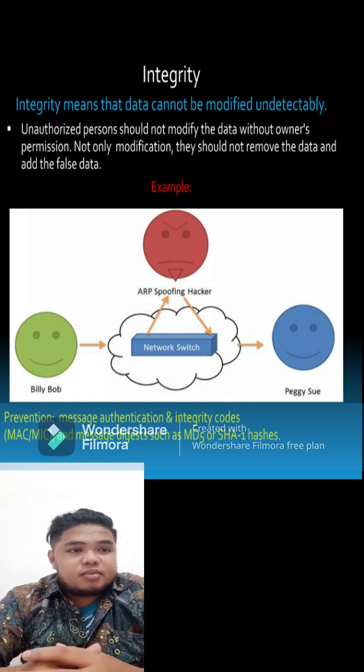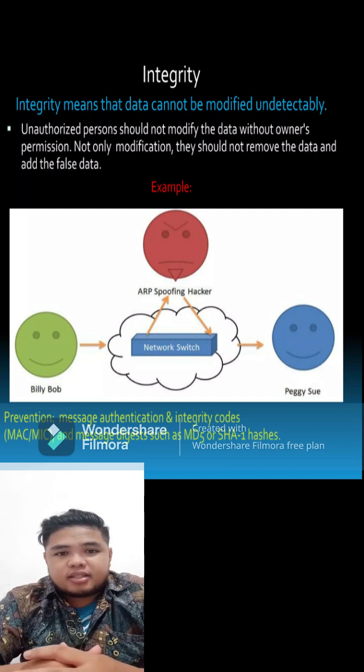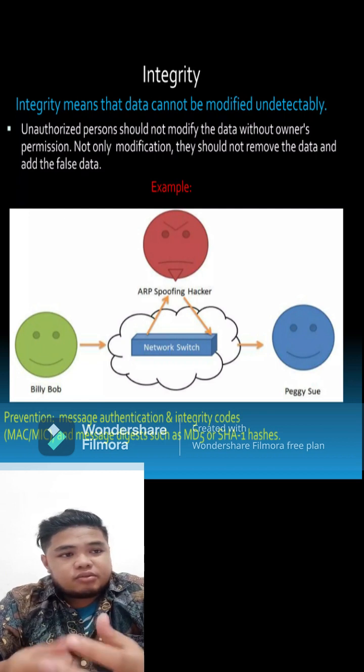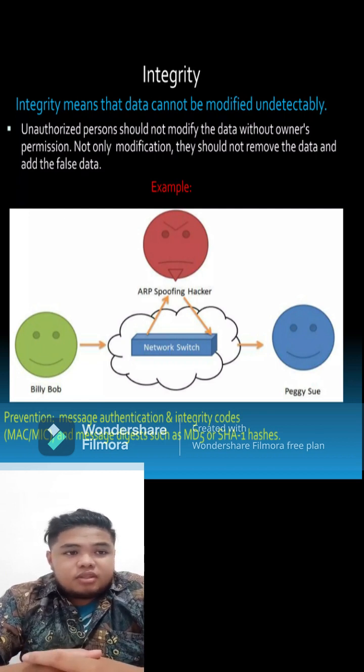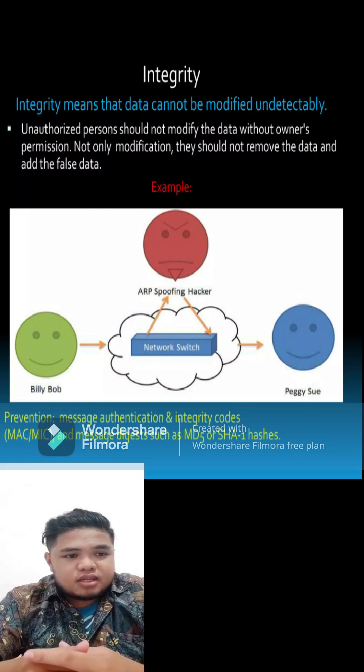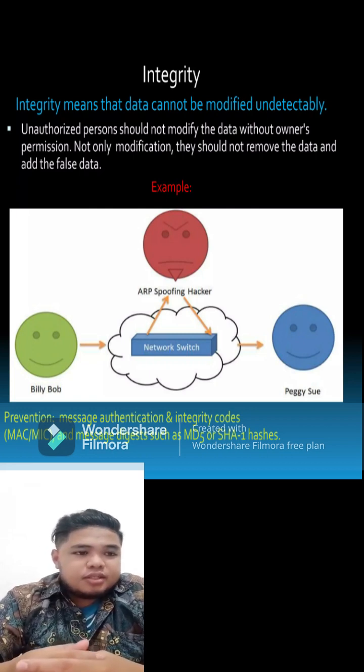Integrity means that data cannot be modified undetectably. Unauthorized persons should not modify the data without the owner's permission. Not only modifications, they should not remove the data or add false data. For example, in the picture, Billy has sent data to Peggy.